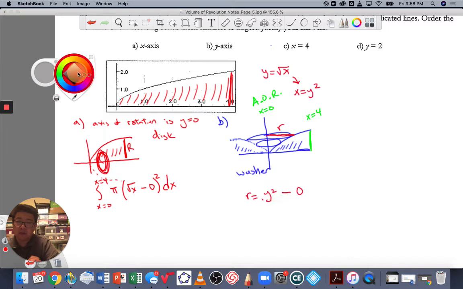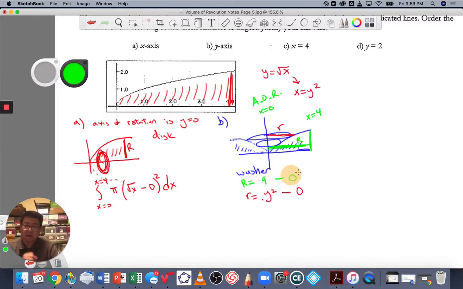All right, the next part is trying to figure out what the big radius is. And the big radius, I'll highlight in green here, this right here is the big radius. This is big R. Now, big R is this equation, x equals 4, so 4 minus 0.